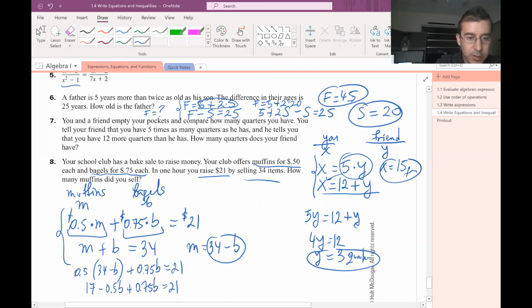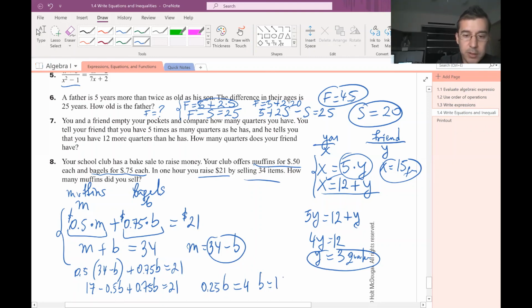And then 0.75 B minus 0.5 B is 0.25 B equals 21 minus 17, because plus 17 on the other side of the equation becomes minus 17. So 21 minus 17 is 4, and B equals 4 over 0.25. In one whole, how many quarters do we have? 4. 4 times 4 is 16.